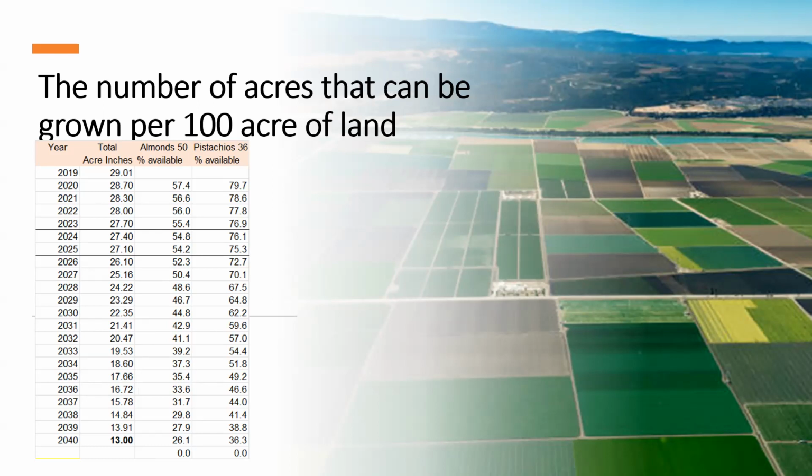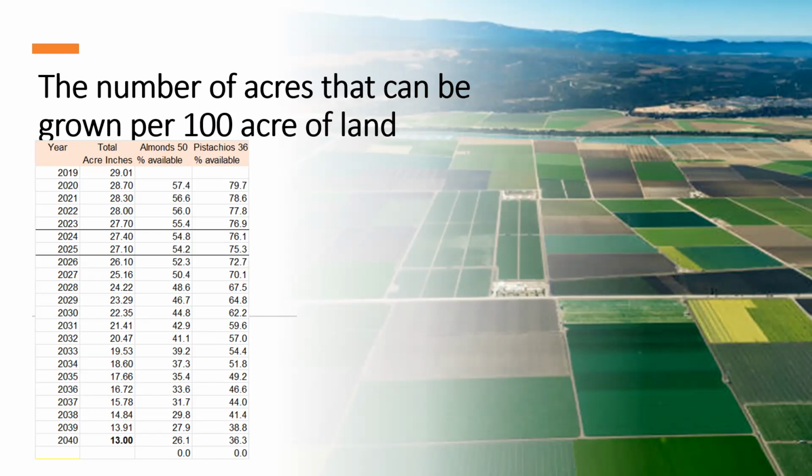And same thing with pistachios. I can only farm 76.9 acres, and the remaining other acreage of that 100, which is close to 24, needs to be fallow. It needs to be torn out, and that water needs to be allocated to that 76 acres. And as you can see, the numbers continue to drop and drop and drop.